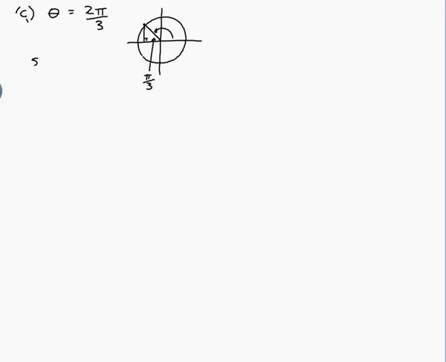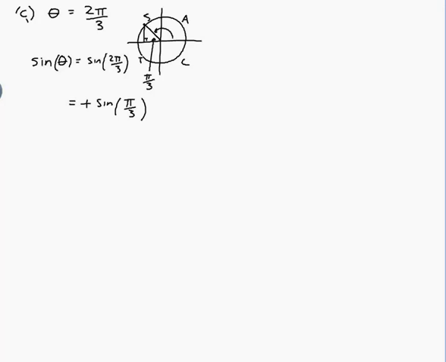So let's see, sine of theta is sine of 2 pi on 3, which is sine of pi on 3. I should just check whether it's actually plus or minus sine pi on 3. So we have all, sine, tan, cos. So up there in the second quadrant, sine is positive, so it's plus sine pi on 3.